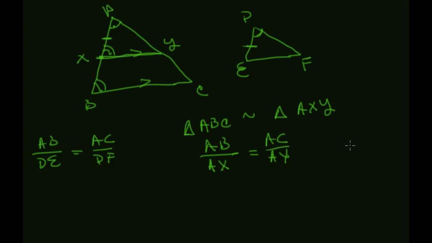Well, all right, but I constructed this in such a way that AX is the same as DE. So I can take out the AX and put in a DE.